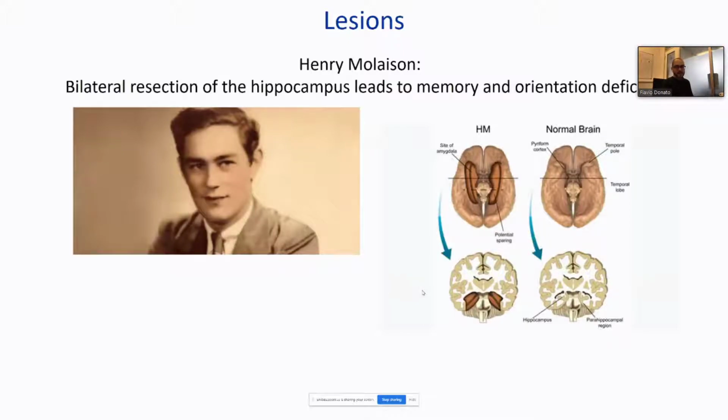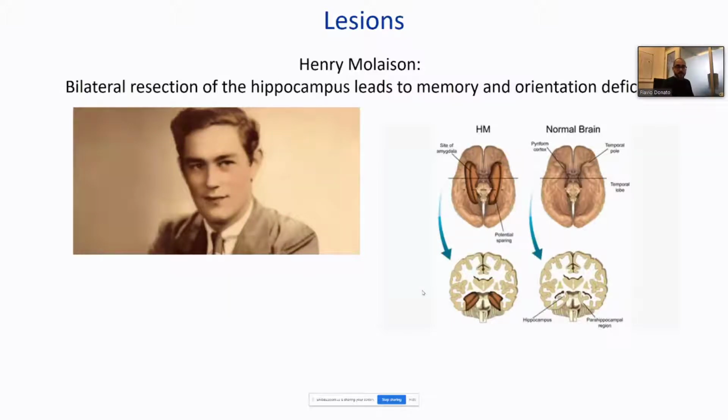As I was telling you yesterday, this patient had a large resection of the areas of medial temporal lobes that included the hippocampus and some parahippocampal cortex, the entorhinal cortex, to eliminate the foci of epilepsy for this patient, which left him unable to form new memories of personal experiences.